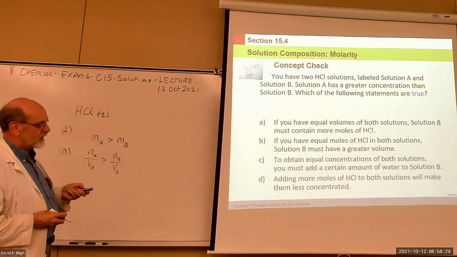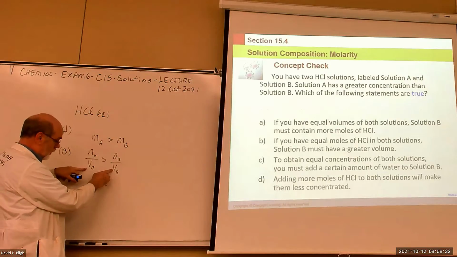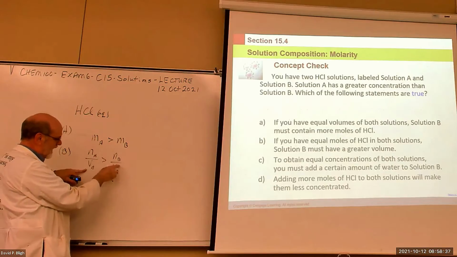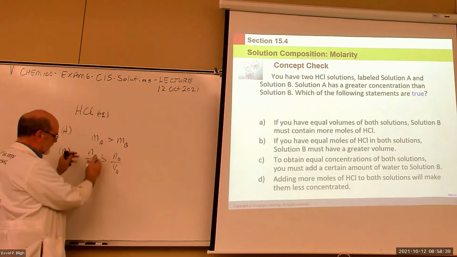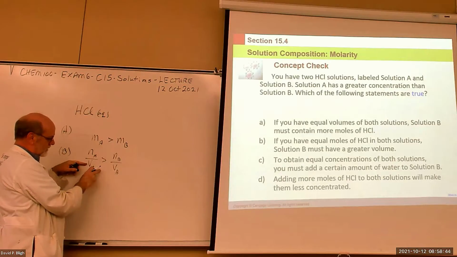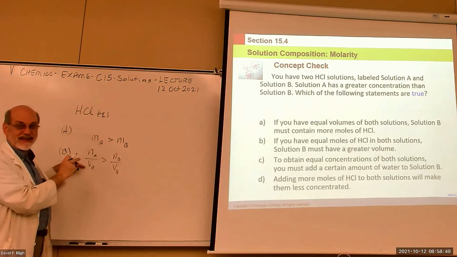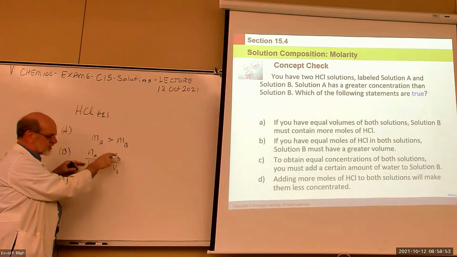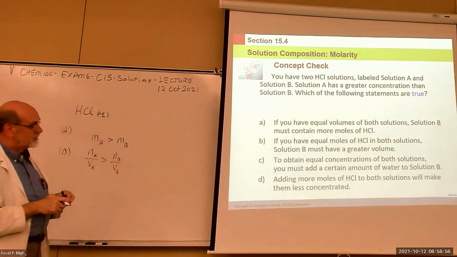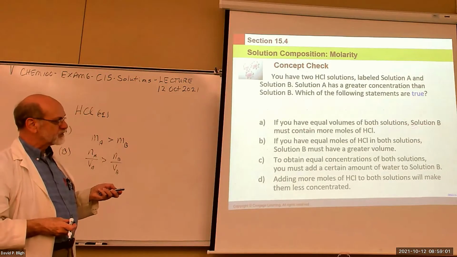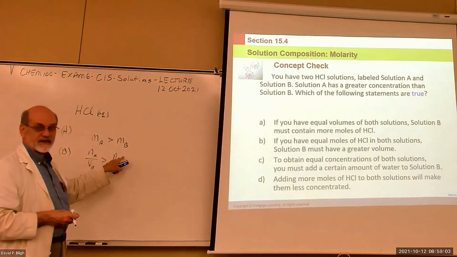So what are we saying? Equal volumes. So if these two are equal, but this one's greater than that, that means this whole term is greater than that one. So how did it get there? If we have equal volumes, it got there by having more moles of A. If these are equal volumes, then A has to be bigger than B. So that's false. Solution B contains fewer than A.